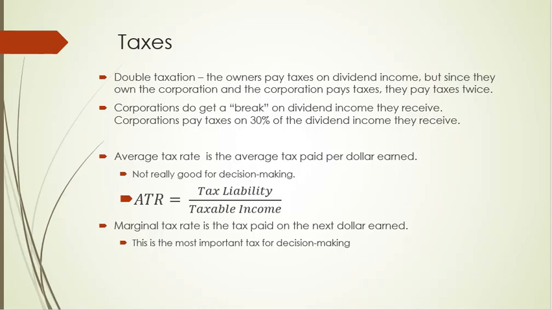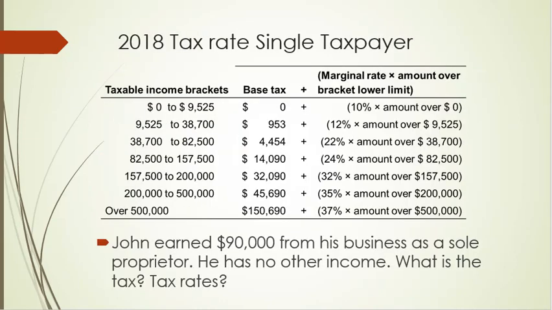This is the most important tax when we're talking about making decisions, because you want to think about what will the tax be if I increase my profits in the future? What will the additional burden of tax be? So for a single taxpayer, remembering that the tax codes have changed a little bit, we have to worry about how things are going to change.